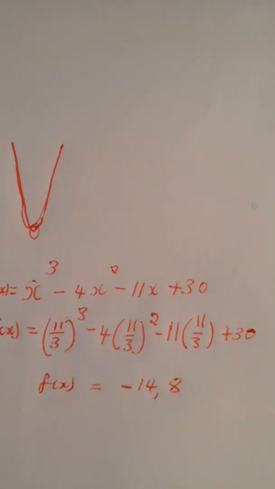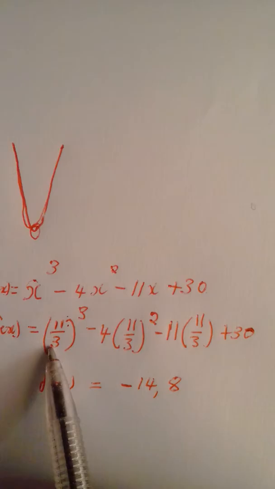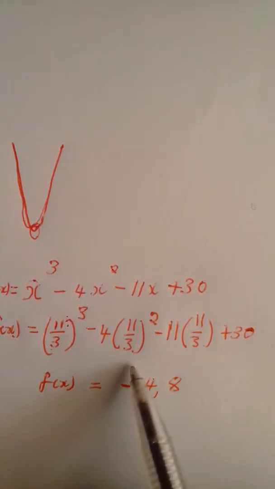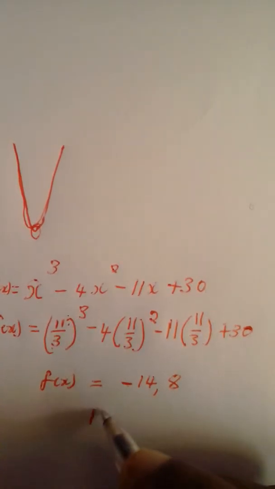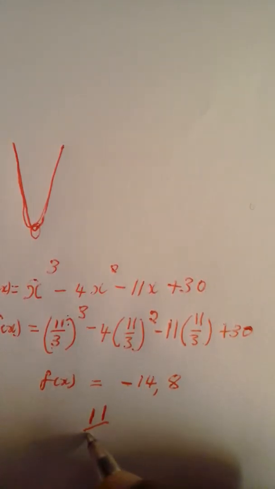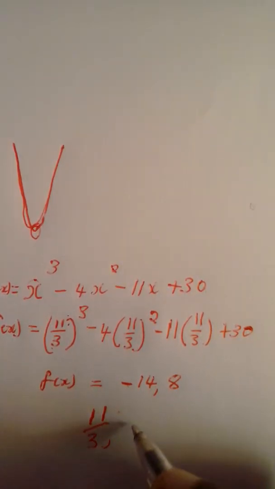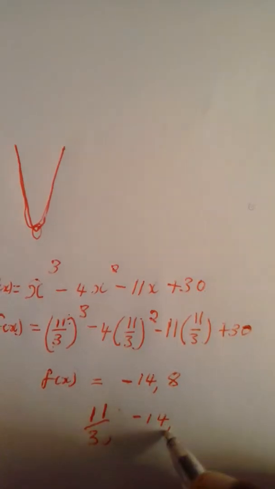I think it's negative 14,8. But guys, confirm that one on calculator. When the turning point of x is 11 over 3, what is the turning point of y? I don't have Casio with me, but in this case, when we pair the coordinates, we are going to say 11 over 3 and negative 14,8.